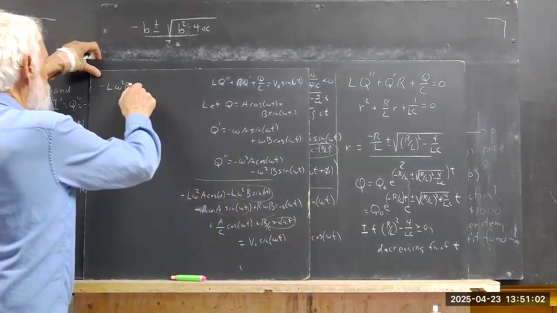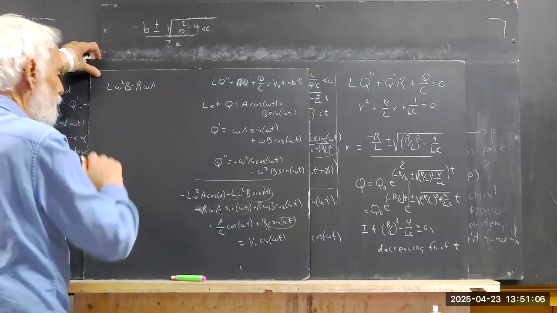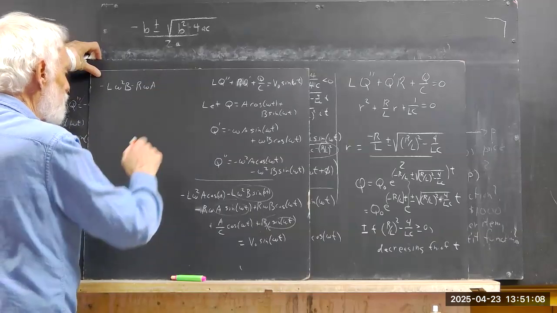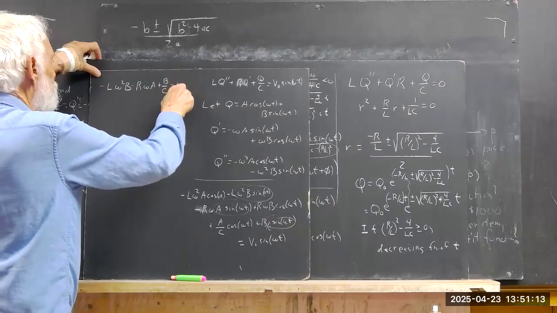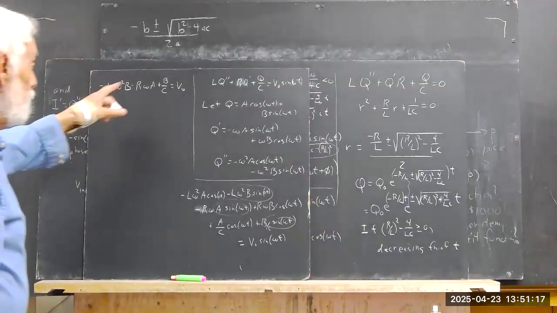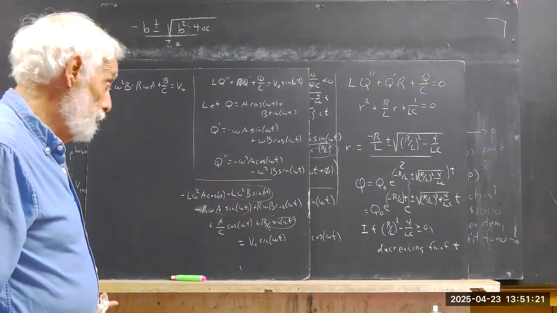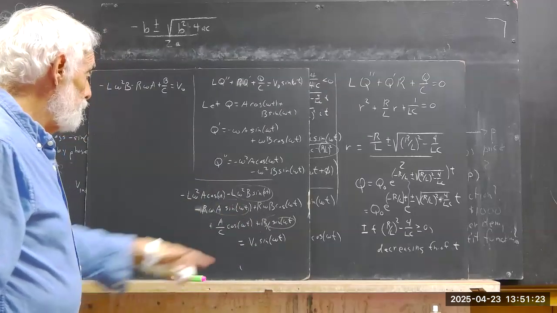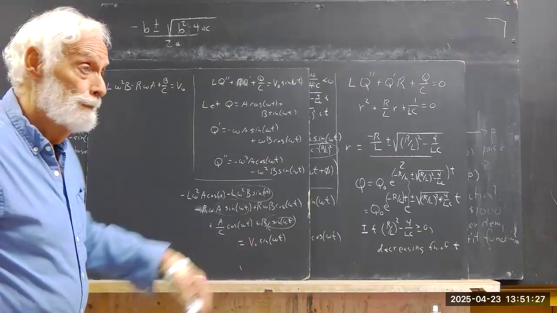Yeah, minus R omega A plus B over C equals V naught. Because these are the terms that are in front of the sine omega t on the left-hand side, and V naught is the coefficient of sine omega t on the right-hand side.